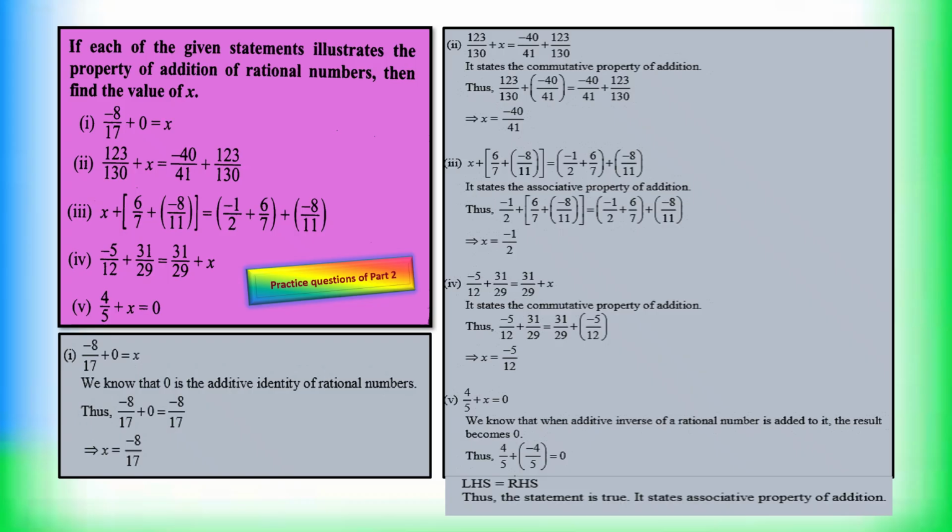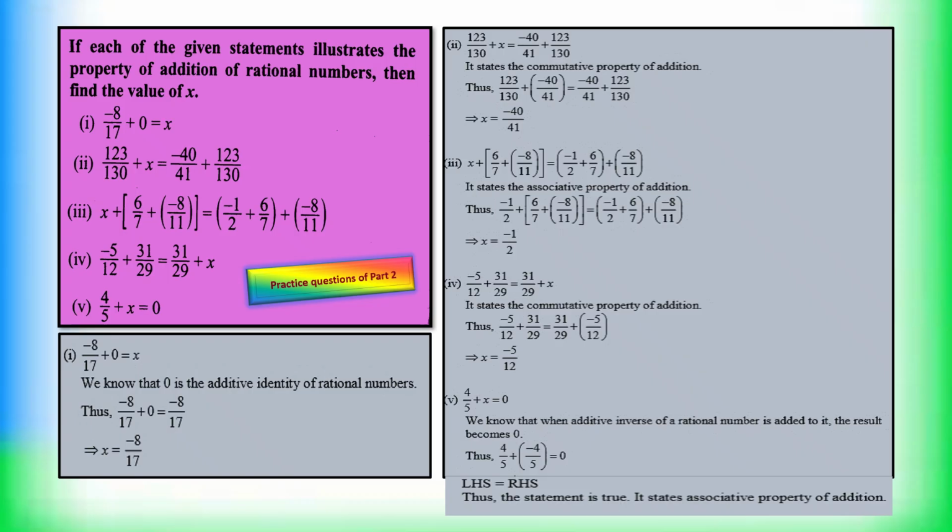Third one, one more property of rational numbers. Observe, the operation considered is only one, that is addition. So there are three numbers and the grouping is done for the second and the third one in the LHS and the first and the second one in the RHS. Now observe the numbers carefully, which are the ones which are found on either side.